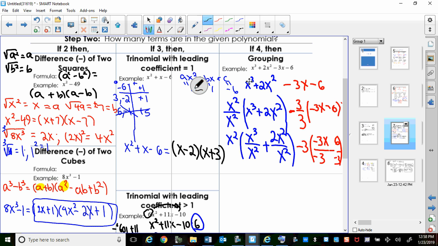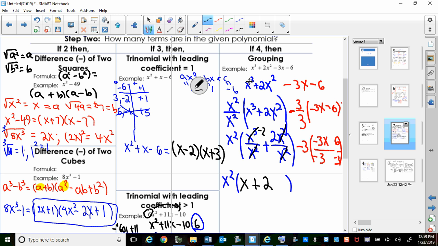All right, we're going to simplify. We have x squared. On the inside, x cubed divided by x squared is like subtracting 2 at the top, so I'm left with x to the 1 power. Plus 2 just drops down. X squared divided by x squared just goes away.